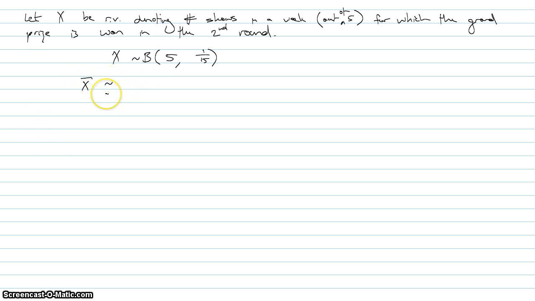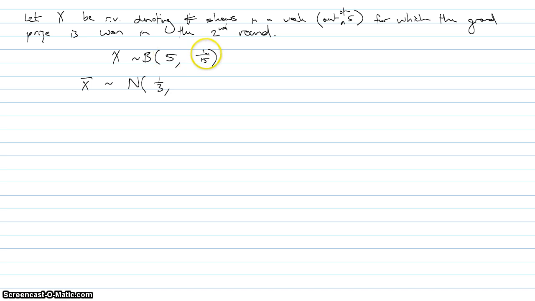Well, this is over a period of 60 weeks, so I've got a large sample of these. That means that by the central limit theorem, my x bar should be normally distributed with a mean of np. So that should be 5 times 1 over 15, or 1 over 3, and a variance of npq.